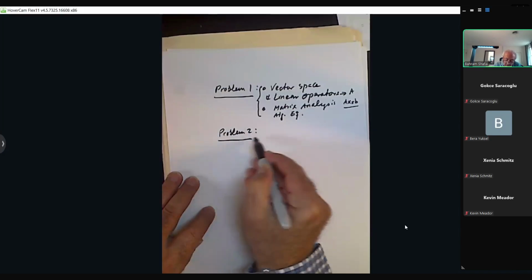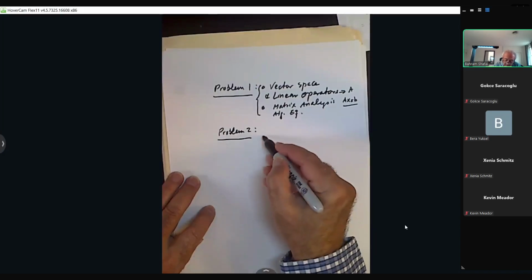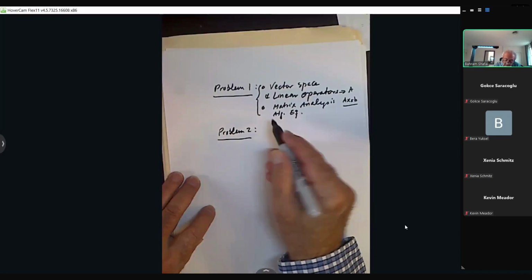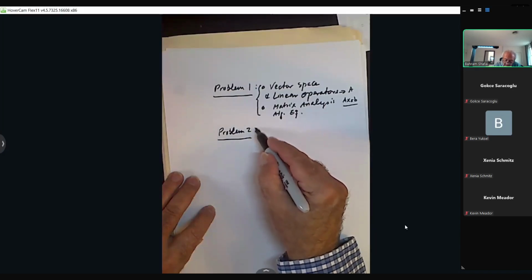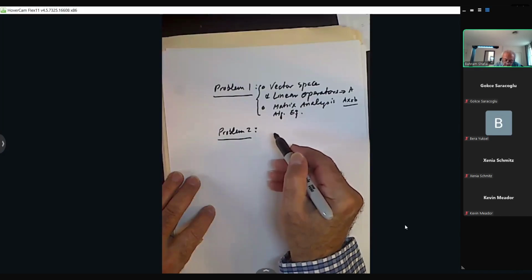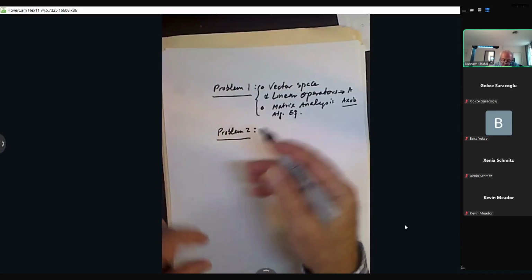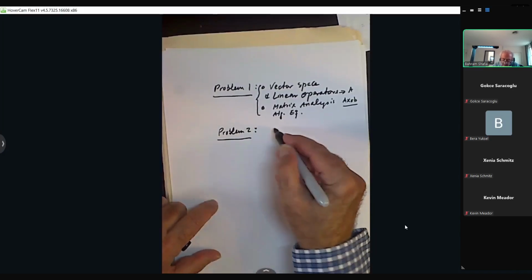Then we go to problem number 2. Problem 2 is really related to modeling. Well, I mentioned yesterday about the mathematical concept. Maybe either problem 2 or problem 3 can be reversed in some sense.